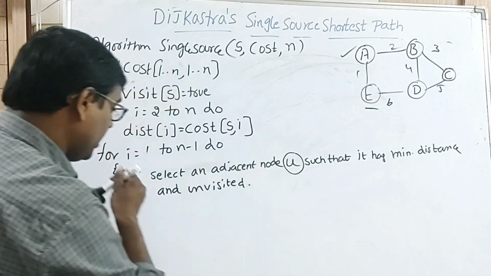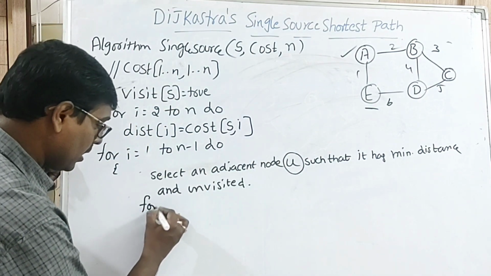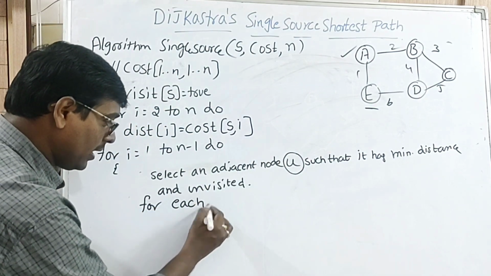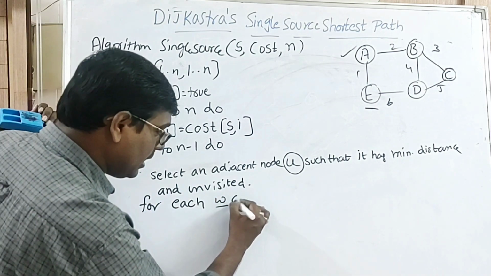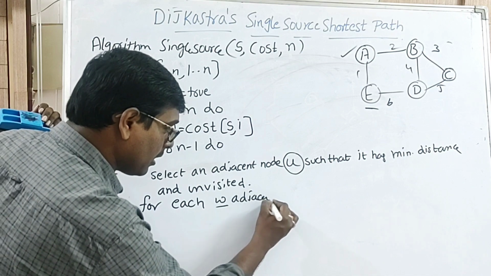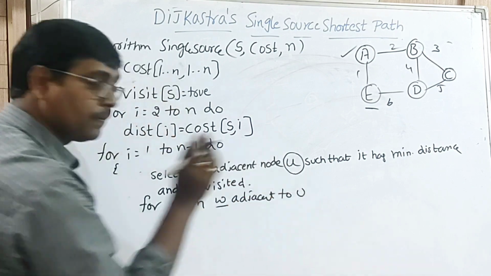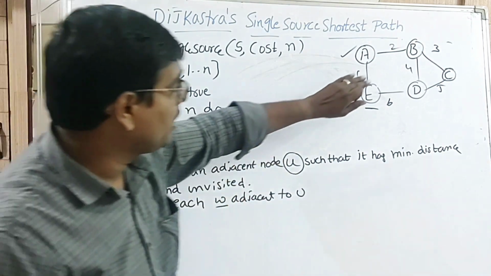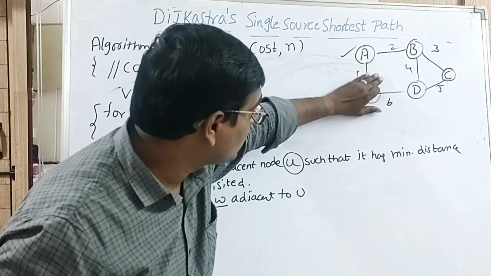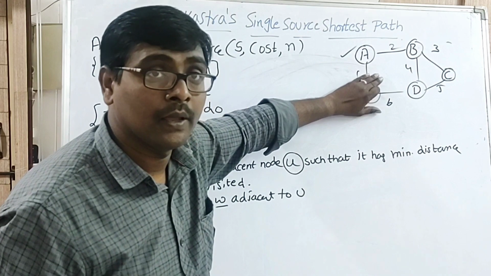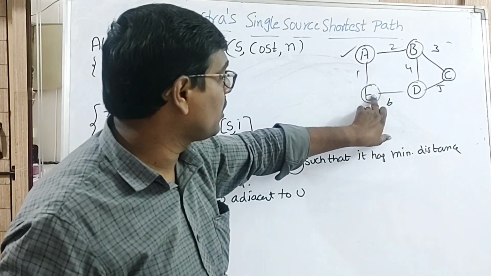Once that intermediate node is identified, now the step is, for each, assume a variable W, for each W adjacent to U. So my intermediate node is fixed. Now E is the intermediate node. By using this intermediate node, what are the adjacent nodes for E?